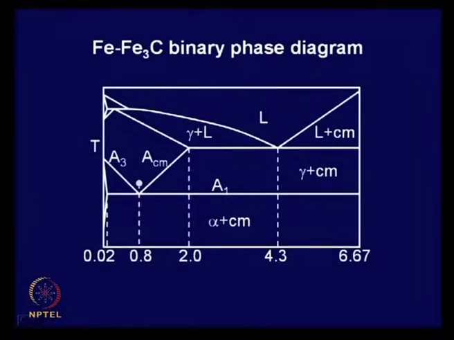Now, let us see what we do. We take a piece of steel, keep it in a furnace, and then what happens? We cool it to a particular temperature and try to follow how the microstructure change takes place, because here you have to allow time.